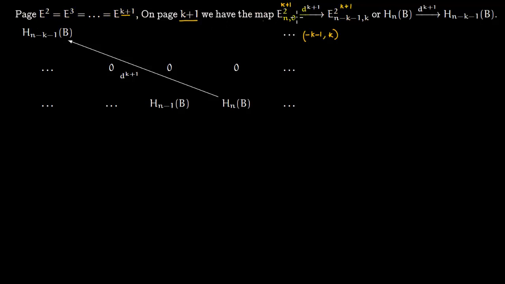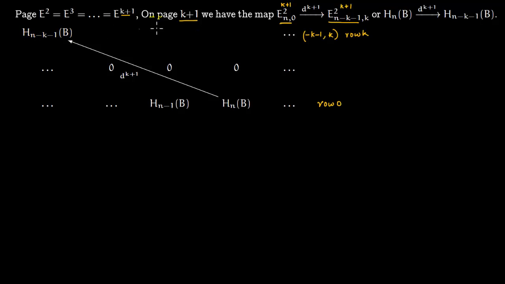So we are working in page k plus 1, but we already have this formula for E_2, and this formula for page 2 was H_n and H_{n-k-1} of B. So we know that the only non-zero entries live in row 0 and they live in row k. So row 0 is this row and row k is this row.